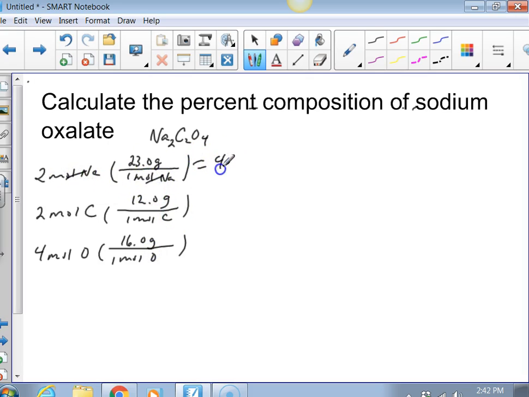This gives 46 grams of sodium, 24 grams carbon, and 64 grams oxygen.